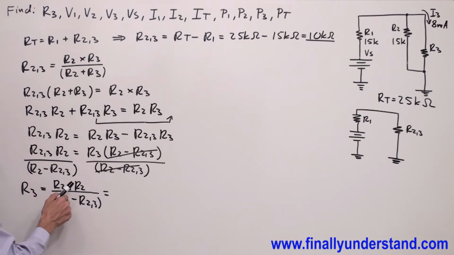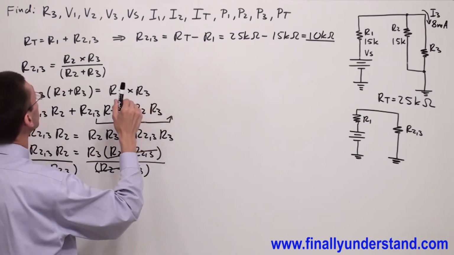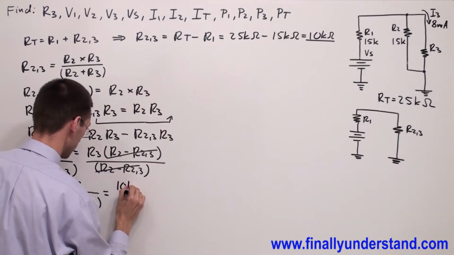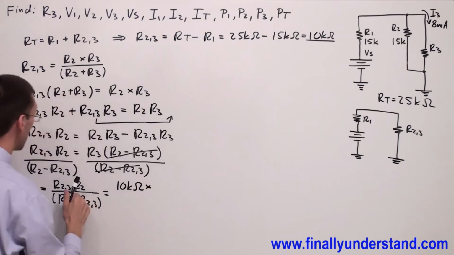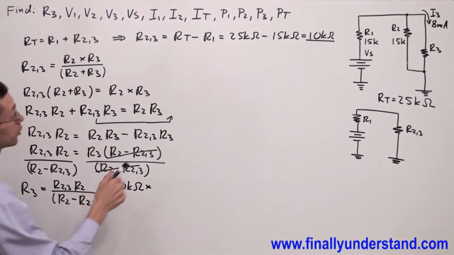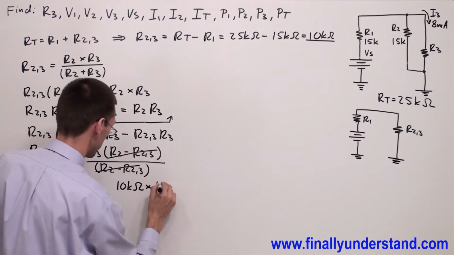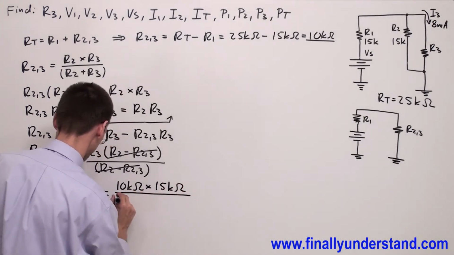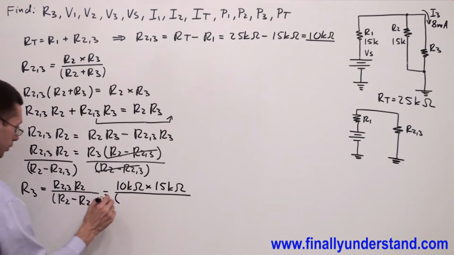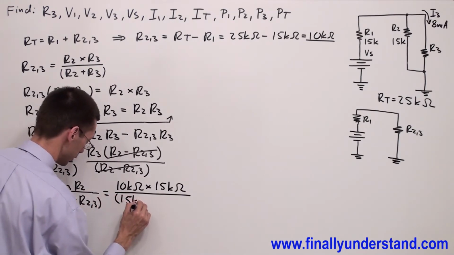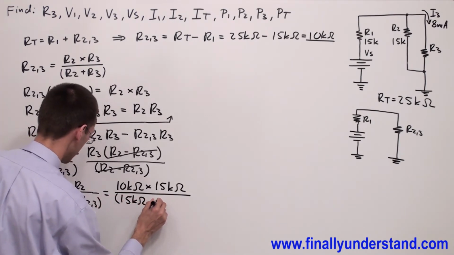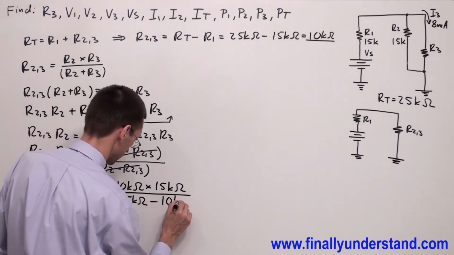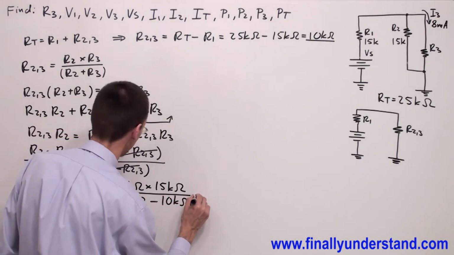R2, 3 we found is equal 10 kiloohms. So I have 10 kiloohms times R2, and R2 is given 15 kiloohms over 15 kiloohms minus R2, 3, which is equal 10 kiloohms.